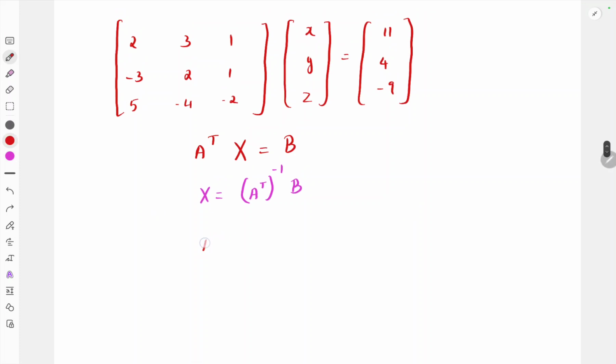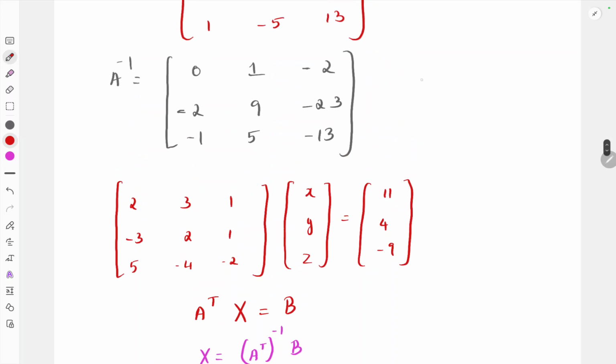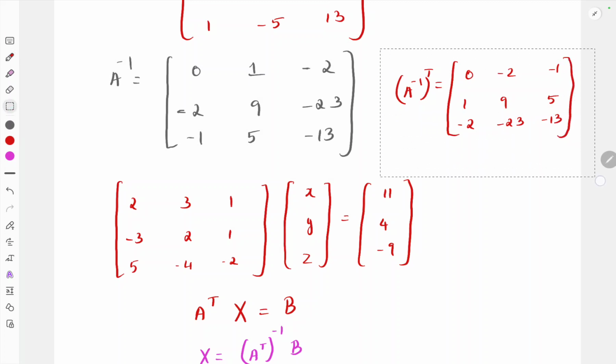So A transpose the whole inverse will be equal to A inverse the transpose. We have to do the transpose of A inverse. We have to change the row to column and column to row. So 0, minus 2, minus 1, 1, 9, 5, minus 2, minus 23, minus 13. So this is A inverse the whole transpose we have.